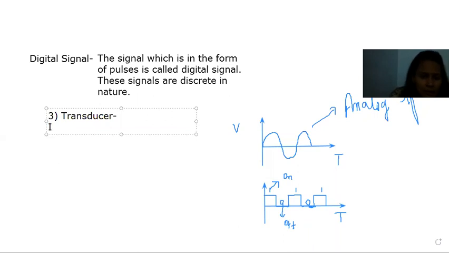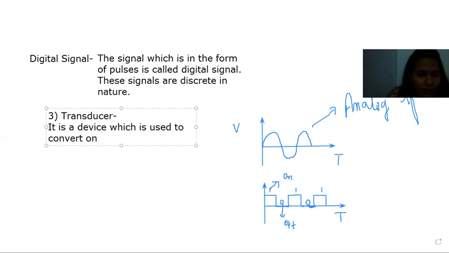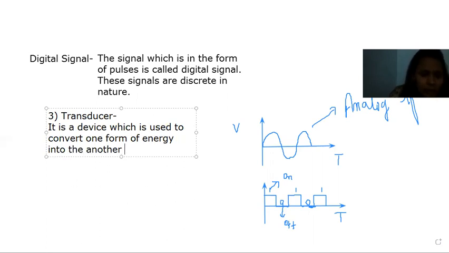So it is a device which is used to convert one form of energy into another form of energy.